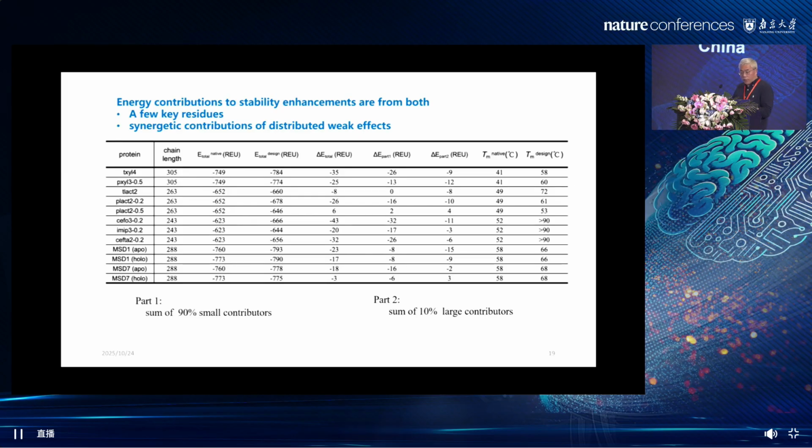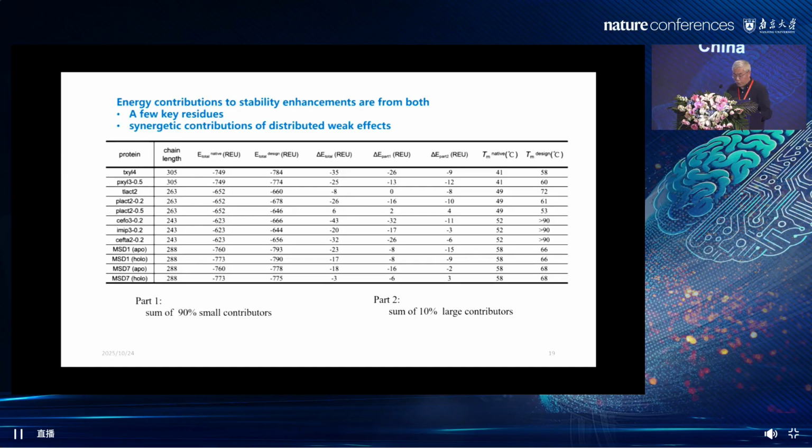And if we distribute this total energy difference to individual residues and partition the contribution into two parts, a small number of residues with large energy contribution, and a large number of residues with small contributions, when we add them up together, we see that for most of the designs the weak contributions from many residues are larger than those of the small number of key single residues.